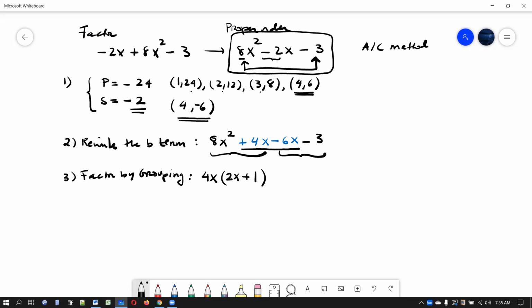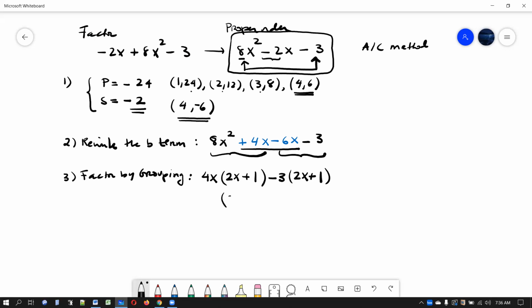Out of the second pair, I will factor a 3. But remember, whatever this sign is in front of the second pair, you have to factor that sign as well. So I'm going to factor negative 3. I will get 2x, and I will get plus 1, right? Negative 3 divided by negative 3 is positive. And the goal is to have these two terms, 2x plus 1 equals 2x plus 1.